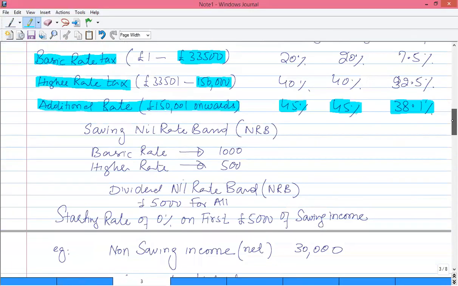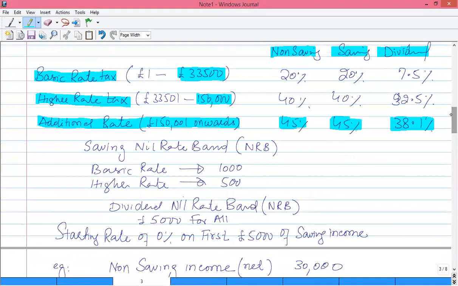As far as non-saving income and saving income are concerned, there is a special rate called the nil rate band. Nil rate band means a portion of saving income is taxed at 0%. For example, if a person is earning saving income and falls in the basic rate taxpayer limit, then the first 1,000 of saving income is taxed at 0%.